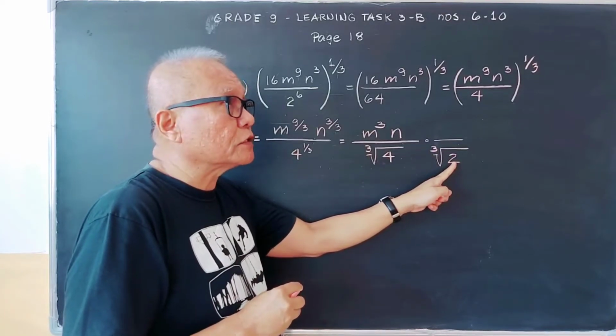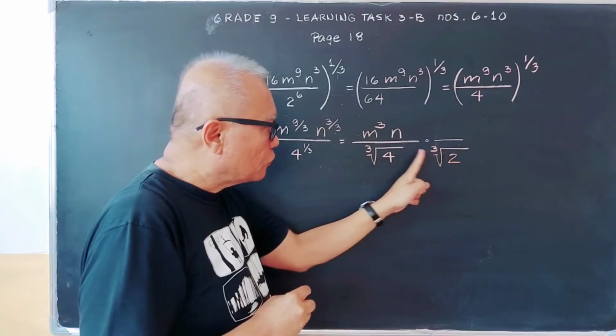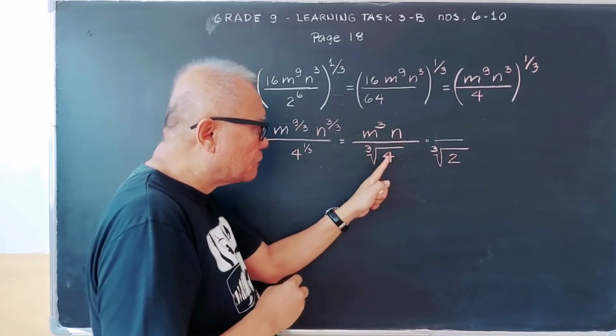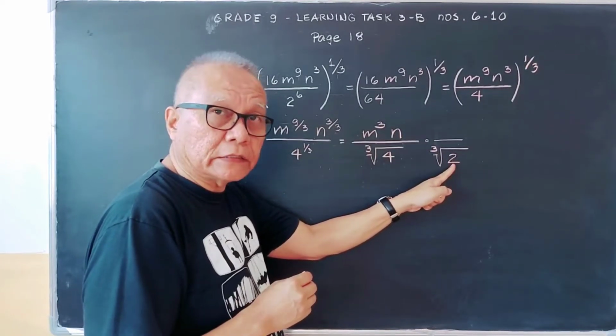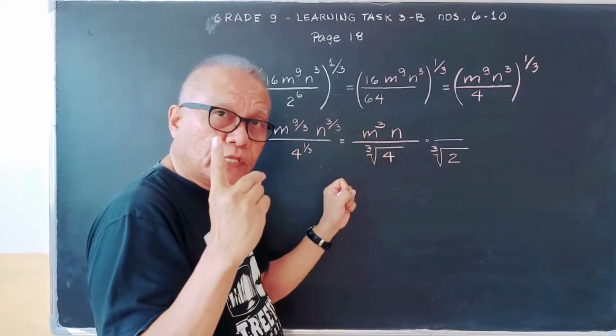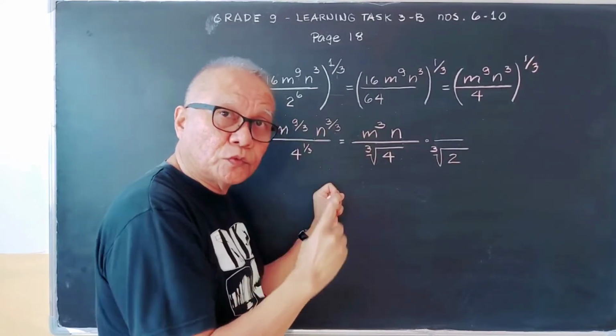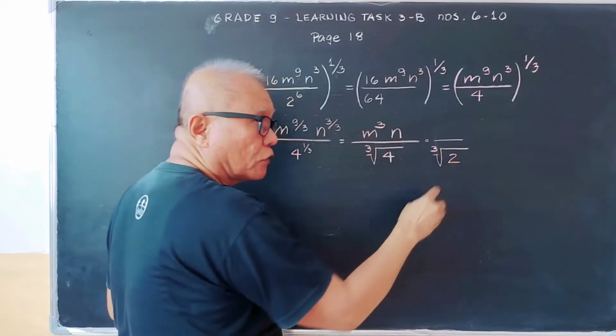Ano bang cube root of 16? Hindi eksakto. So, kung ito ay 2, pareho naman silang cube root, imumultiply natin yung 4 times 2. So, magiging cube root of 8. Eh, ano bang cube root of 8? Is 2. Because 2 times 2 is 4 times 2 is 8. So, i-multiply mo lang siya ng cube root of 2, wag 4.